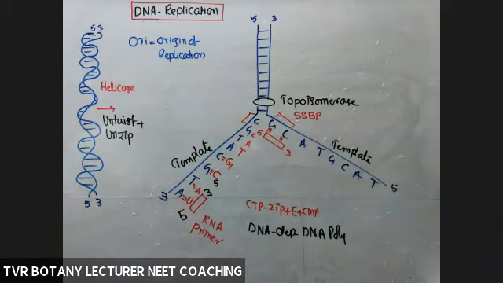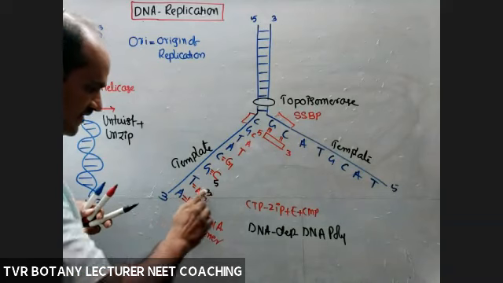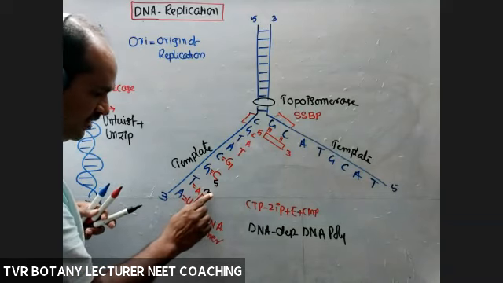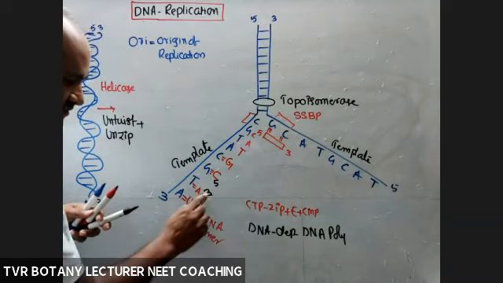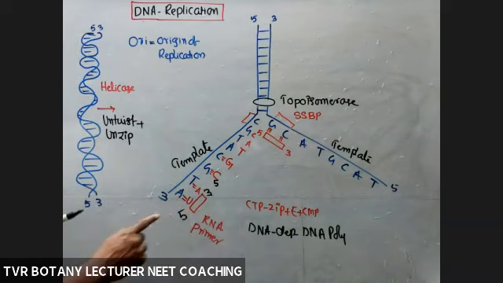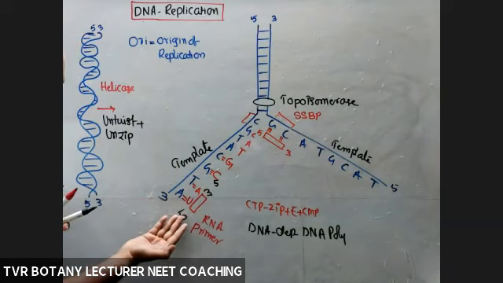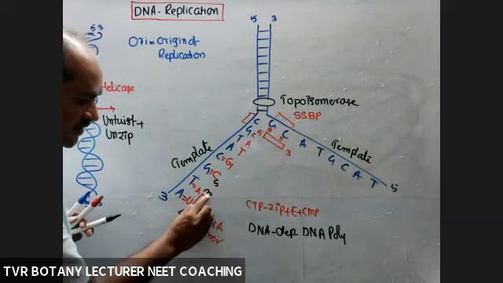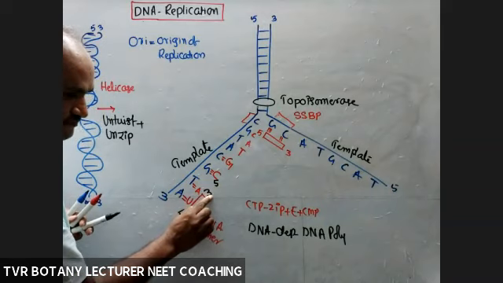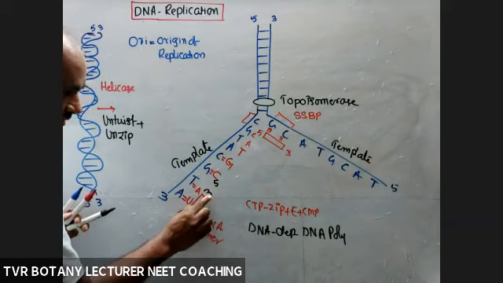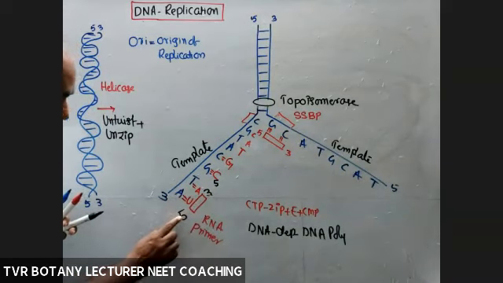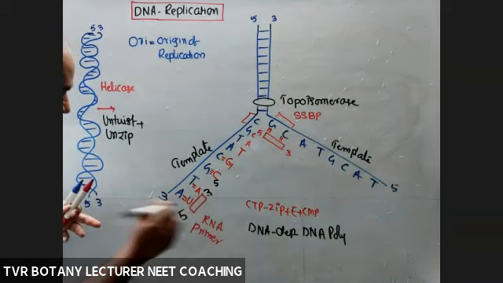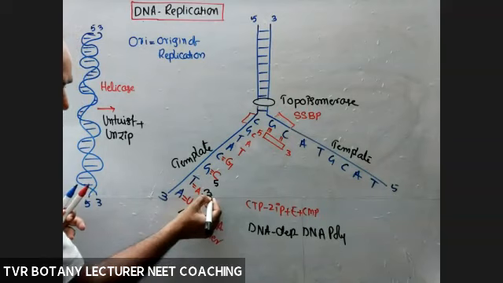Go back to the structure of DNA. Now you're getting what a 3 to 5 linkage is. The primer should be in 5 to 3 direction, so the first nucleotide is added at the third position, the third end. 5 prime, 3 prime: fifth carbon atom, third carbon atom.